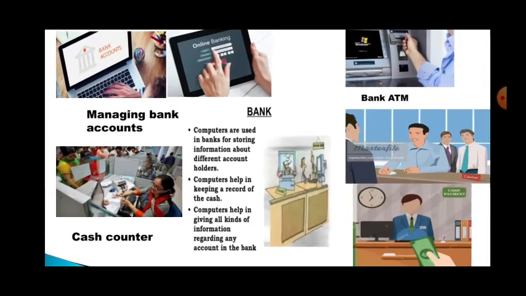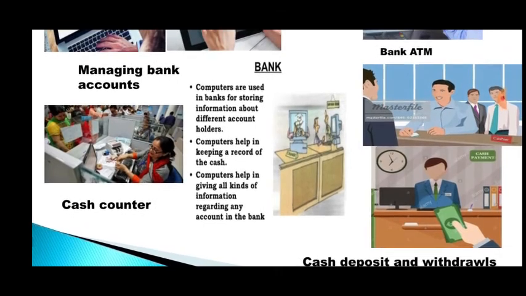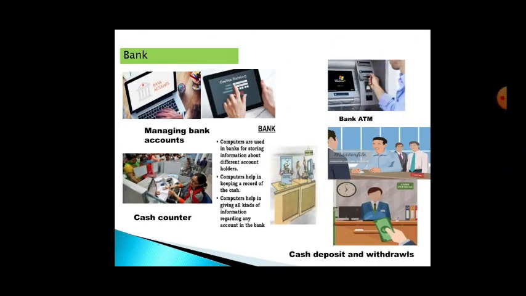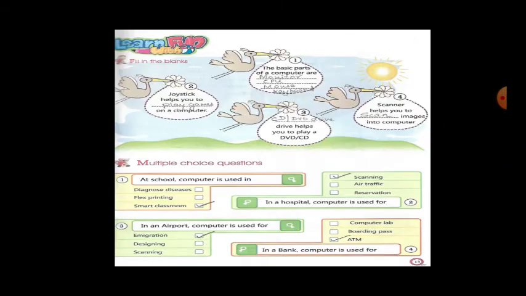Computers are used in banks for storing information about different account holders. Computer helps in keeping a track record of the cash. Computers help in giving all kinds of information regarding any account in the bank. So these are some of the uses of computers in the bank.